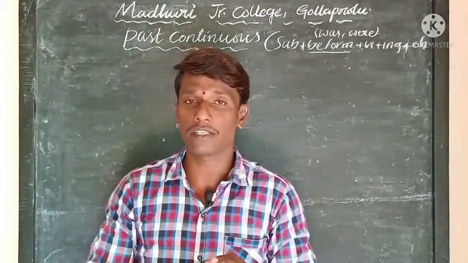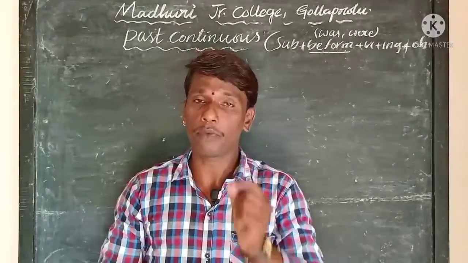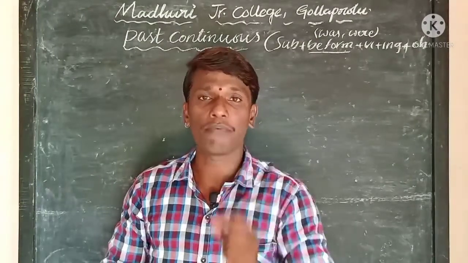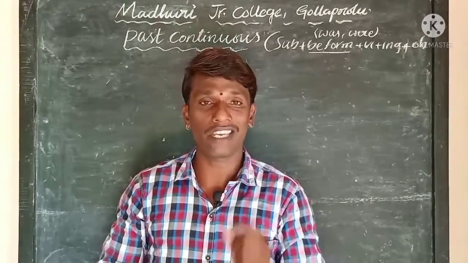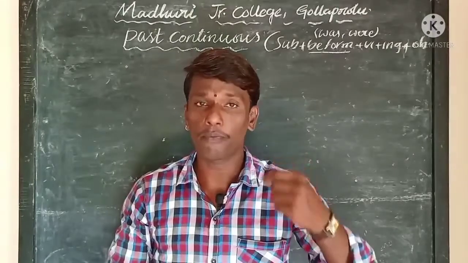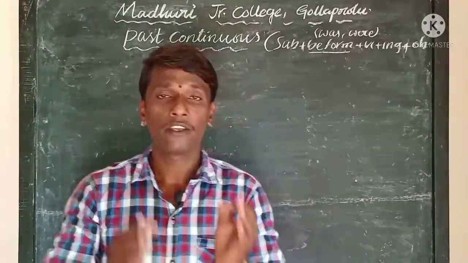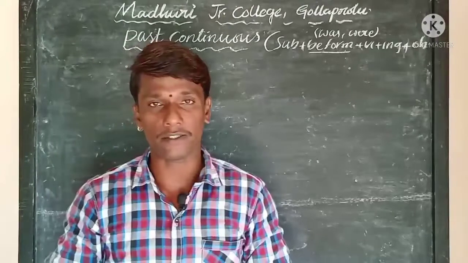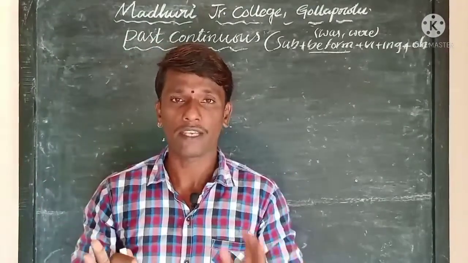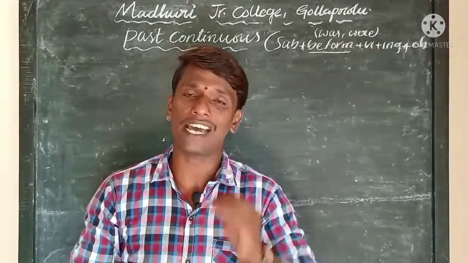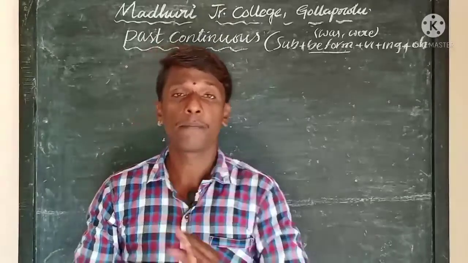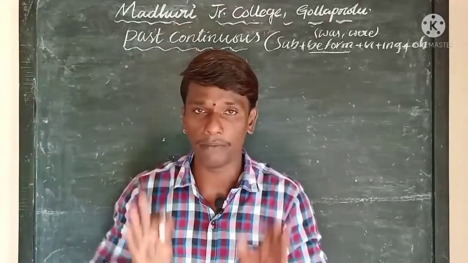And dear students, here you need to understand one thing: whenever you come across an ing form, that means whenever you find a sentence having an ing form, you can confirm it as a continuous tense. So first it is a continuous tense, later it is a present continuous, past continuous or future continuous tense based on the be forms.